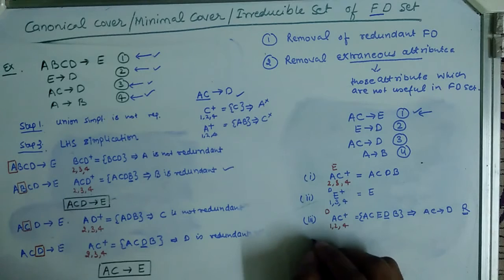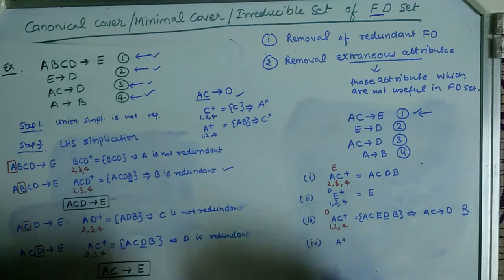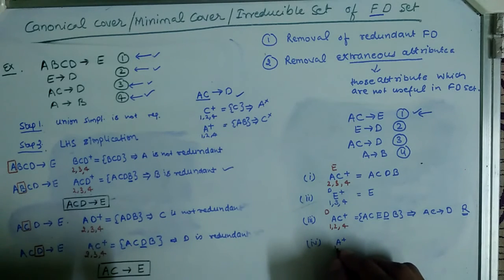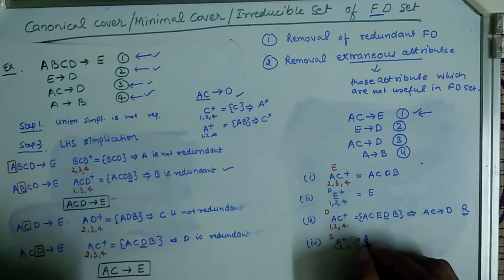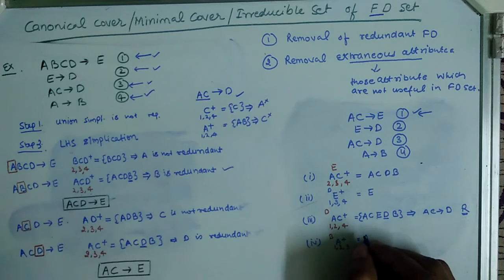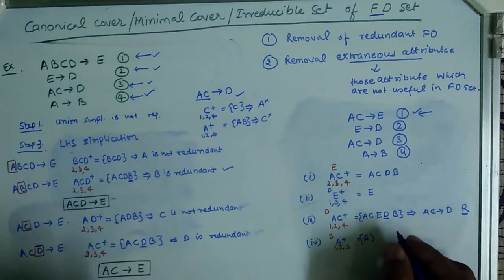Now check for the last one, A tends to B. We need to find out the A closure from equations 1 to 3 and find out whether they derive B. So A closure will lead to A, and equations 1, 2 and 3 cannot give B. So your A closure just gives only A. So this cannot be redundant.